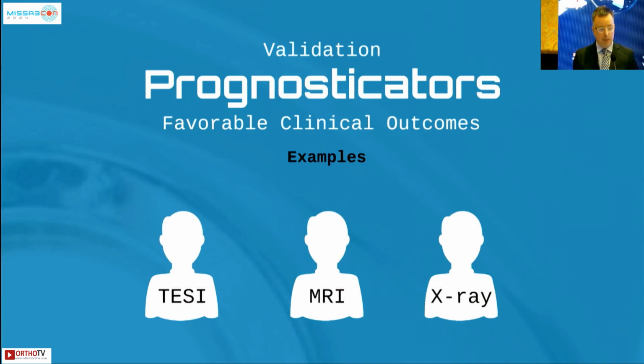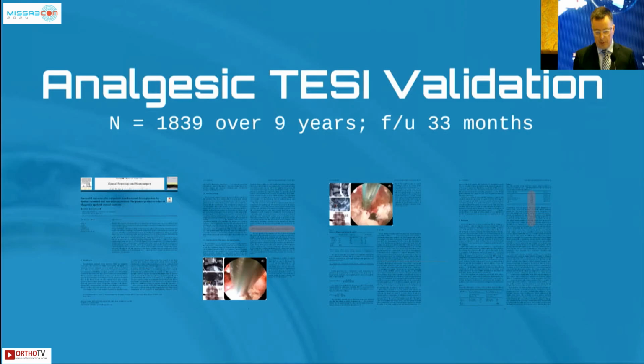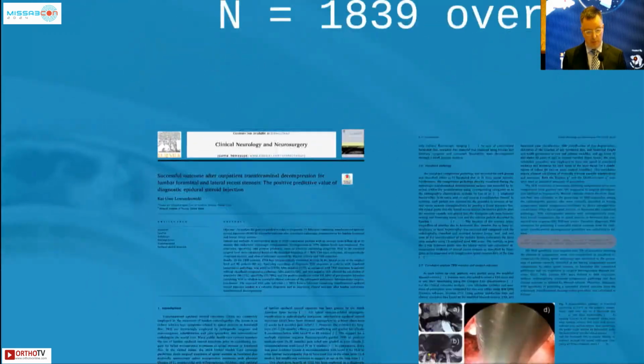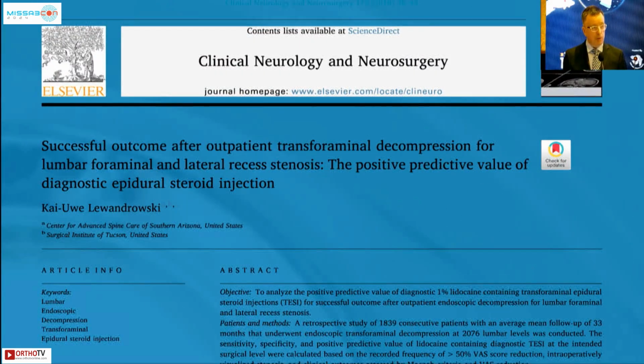What do we use as prognosticators? As I said, diagnostic injections, MRI scan criteria, and X-rays. Here's an article that I published first, leading up to the MRI paper that you're going to see next, because it was easy to publish. The MRI paper was so controversial that we had a hard time publishing it because no radiologist was interested in it.